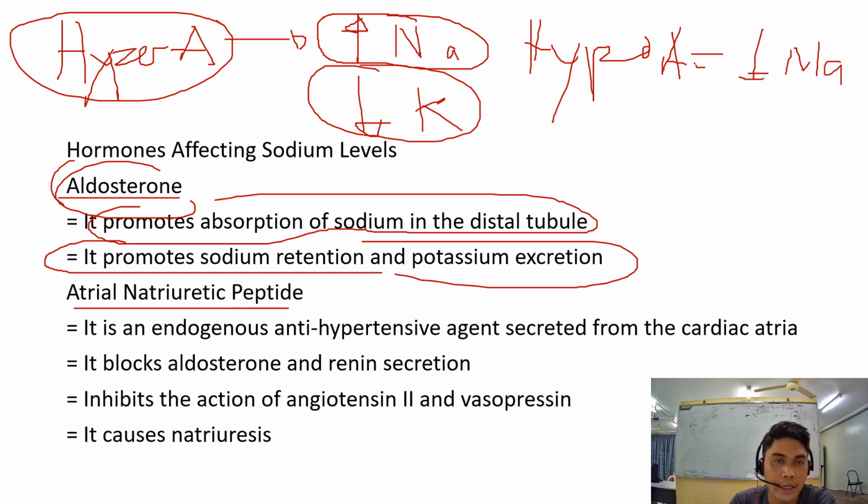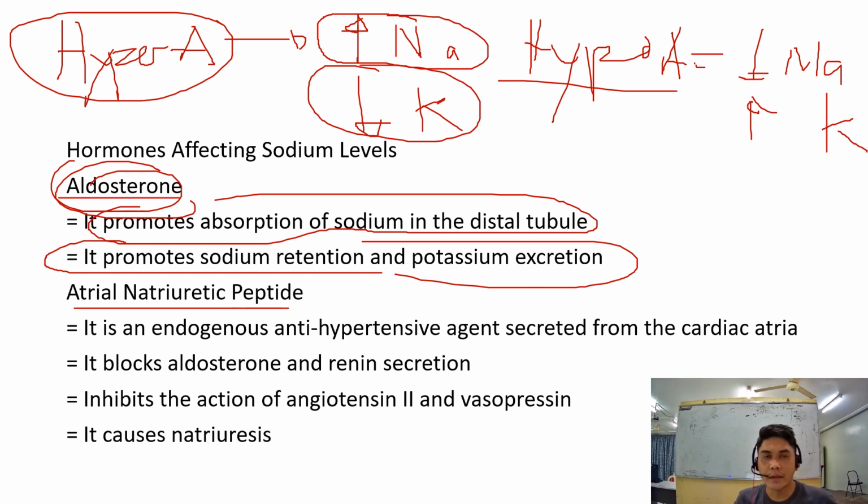Since aldosterone promotes the excretion of potassium, in hypoaldosteronism the body will retain more potassium, so there is an increase in potassium level. So a patient with hypoaldosteronism will experience hyponatremia and hyperkalemia.